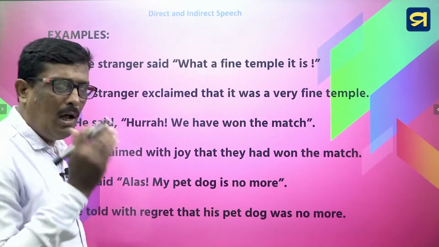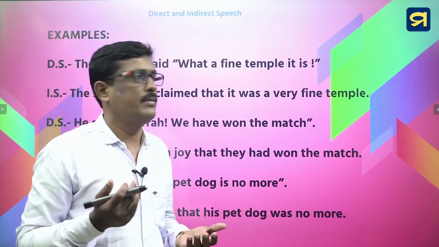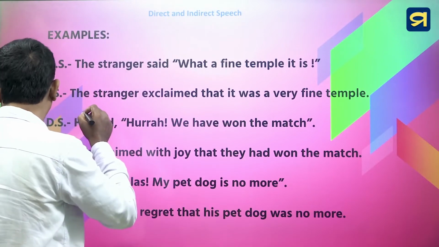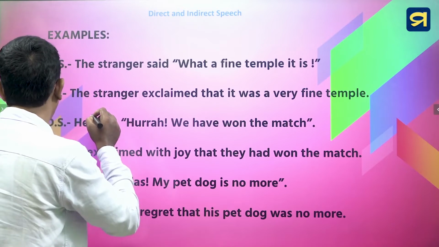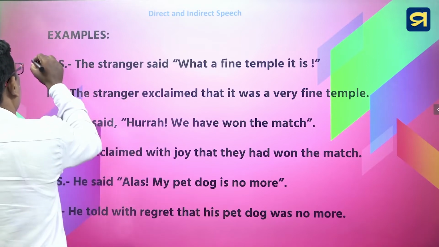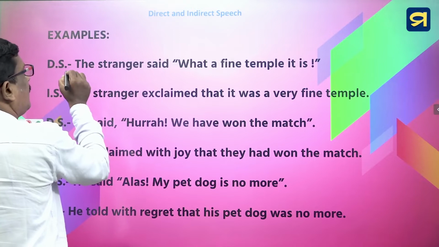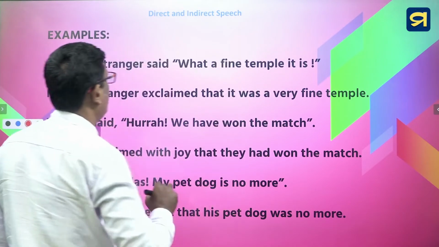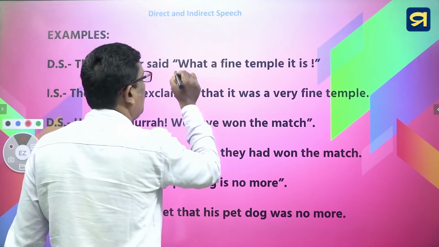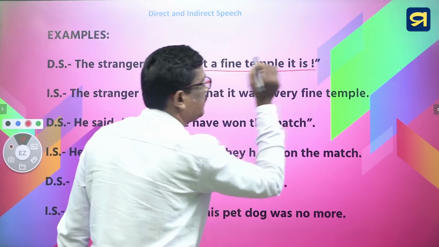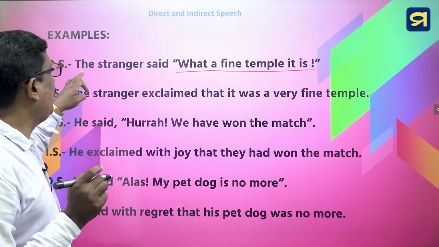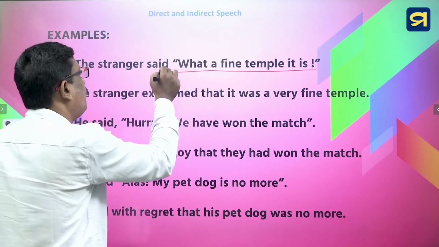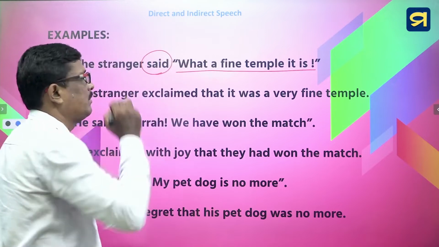Okay. Now we will take some examples. Number one, direct speech: The stranger said, "What a fine temple it is." You see, it is an exclamatory sentence, and we have already discussed that the reporting verb will be changed.